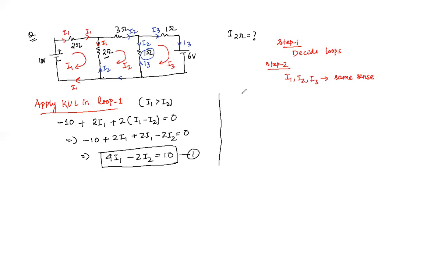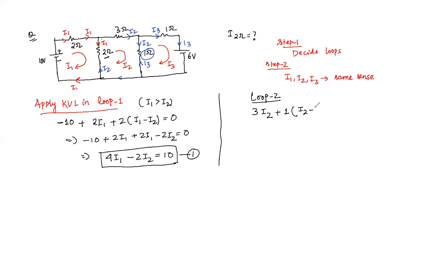So let's apply KVL in loop 2. I'm going to apply KVL in loop 2 now. So if I apply KVL in loop 2, I'll start my journey from here and I have to come back to this point. So here I'm going to write it as 3I2 plus 1, and I am right now in loop 2. So I'm going to take I2 is going to be greater than I3.